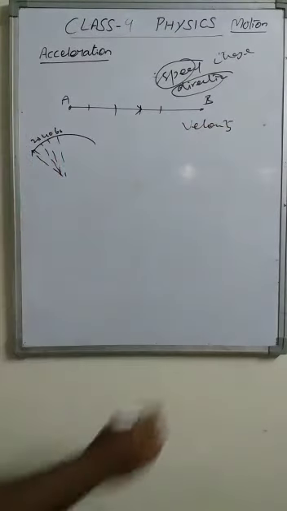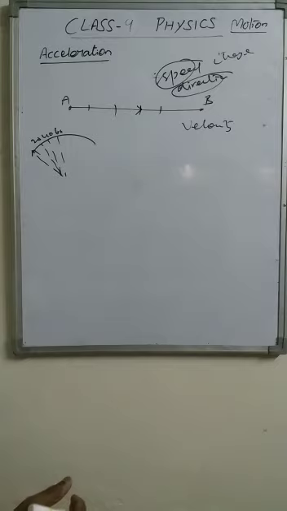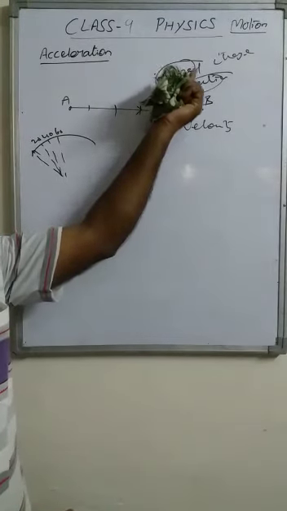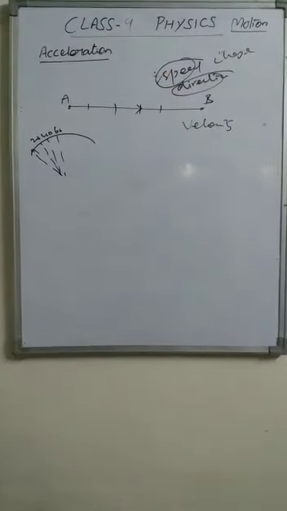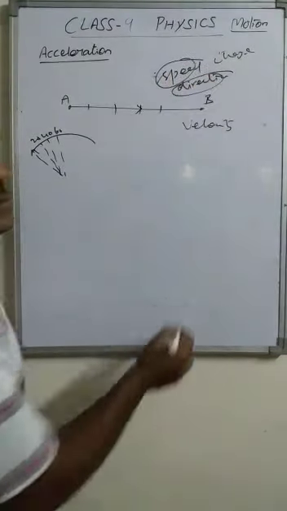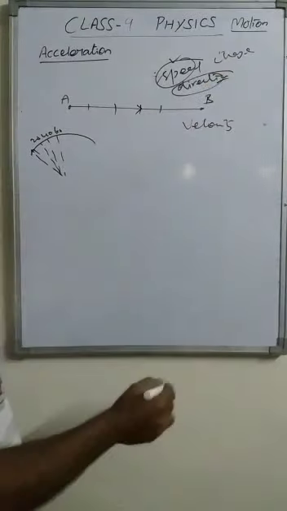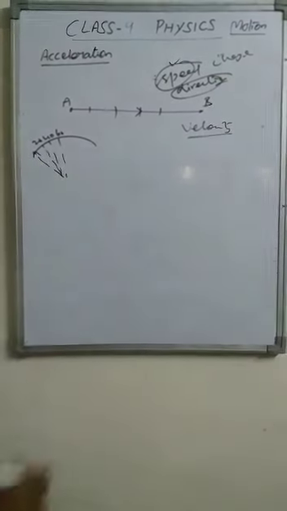We get velocity because velocity is represented with the speed, magnitude, and the direction. Here, the magnitude is changing and the direction is constant, so we say the velocity is changing.